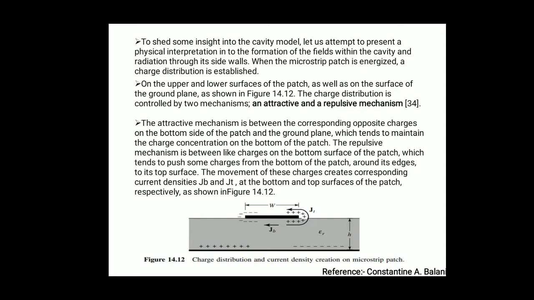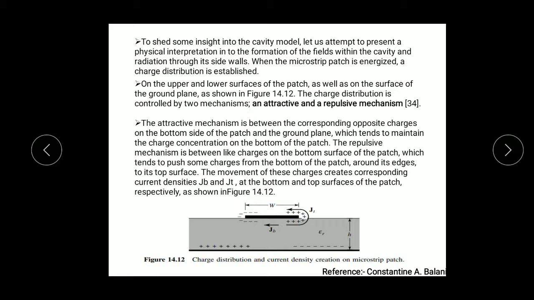There are two mechanisms for analysis of the electric charge distribution on the patch and ground: one is attractive and the second is repulsive. The attractive mechanism is between the corresponding opposite charges on the bottom of the patch and the ground plane, which tend to maintain the charge concentration at the bottom of the patch.